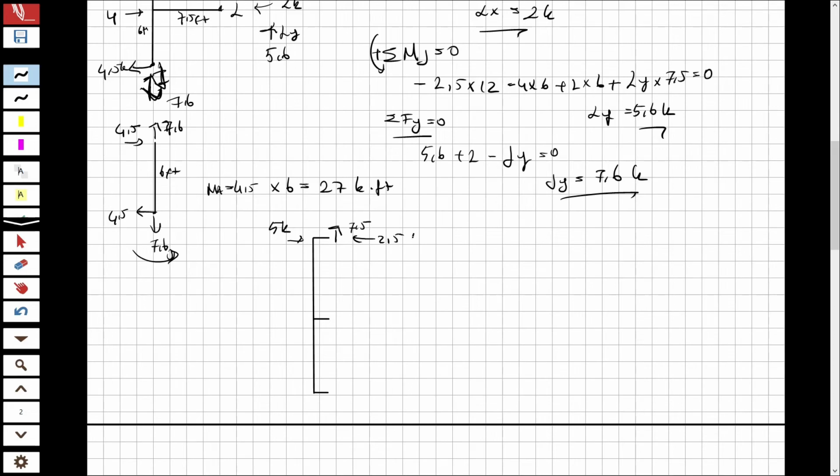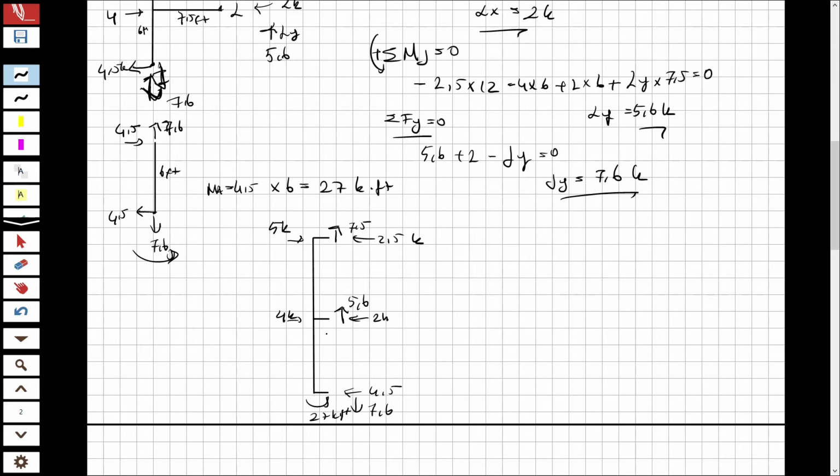And 2.5 here as K. And we have a 4 here, and also 2 kips here, and at upper direction 5.6. Yes, this is 5.6. I just tried to make it correct. And at this direction it will be 4.5, and this direction will be 7.6. And we have a moment 27 kips feet here.